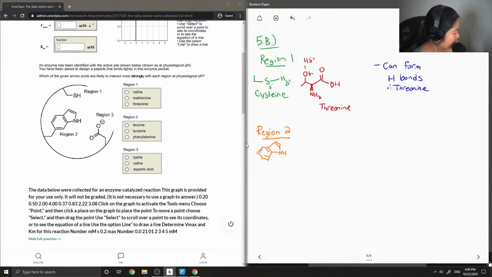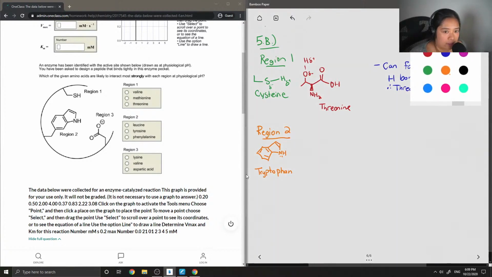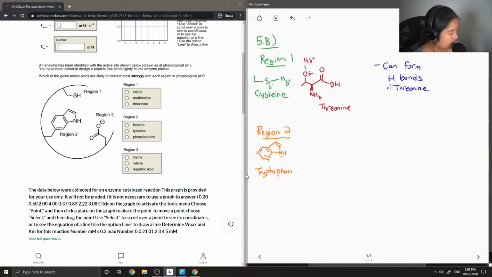This is the structure for tryptophan. So you'll notice that there's a benzene ring. There's also an amine group involved. So because of this kind of structure, out of all of the given amino acids, which one would react the best, I would say tyrosine.